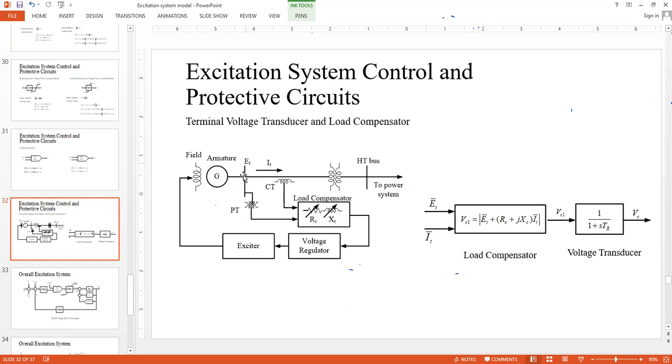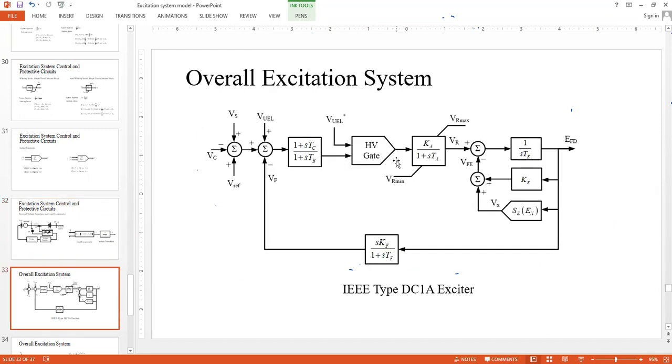Your interest is specifically on this terminal voltage ET. So in that case, you can simply make RC and XC equal to 0. So simply this ET would be transmitted like this to the input of the voltage regulator. So with this model, we are now ready to study the overall excitation system.